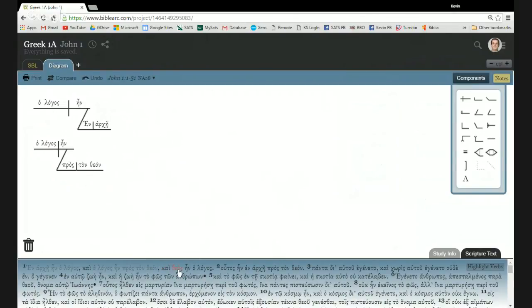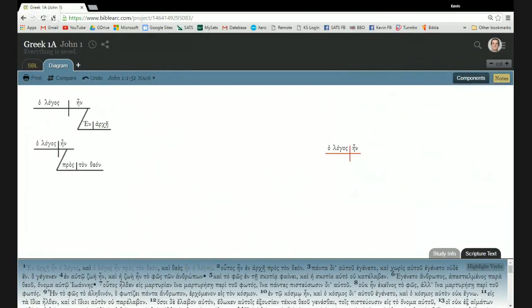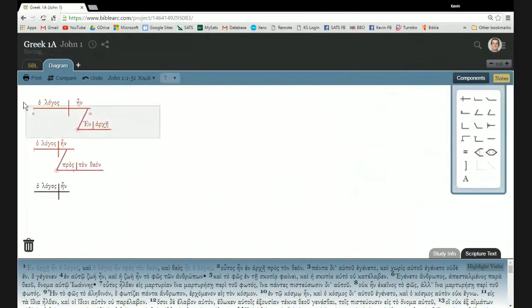Kai, third sentence, theos en ho logos. Ho logos is again the subject. So if we were diagramming it, we're going to have three parallel lines. Well, it'll simplify my look and feel, as I have some obsessive compulsive tendencies. I apologize.